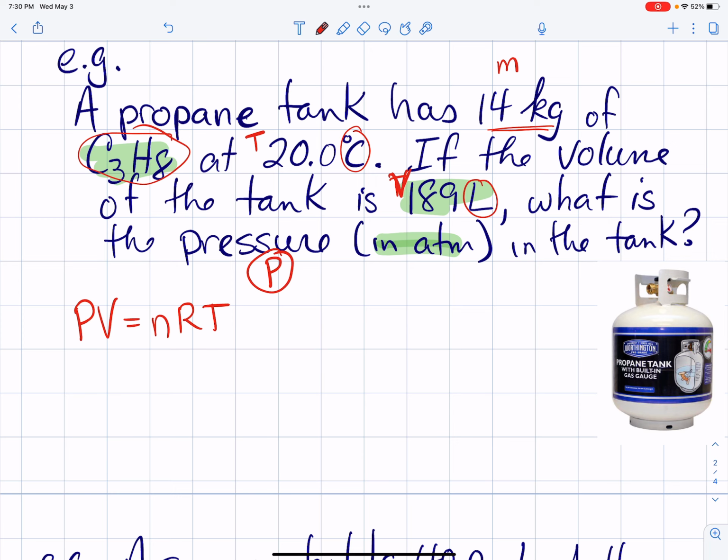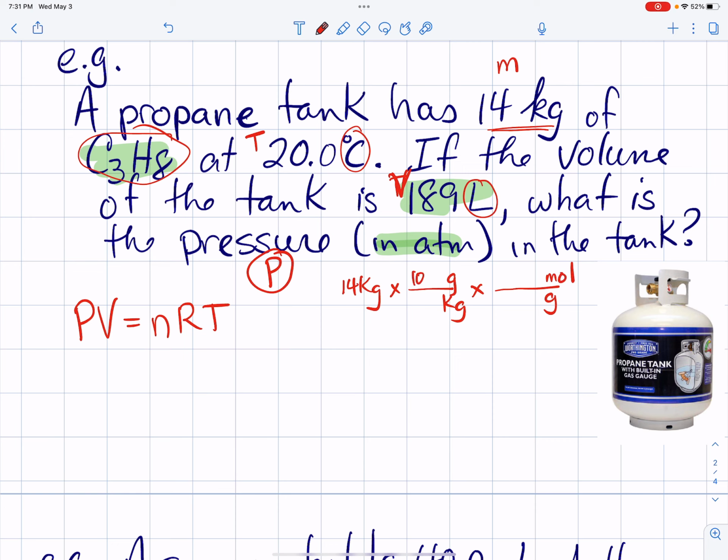I can do that using a unit multiplier. So, for example, we could say 14 kilograms of the propane. We could convert the kilograms to grams. Then, using its molar mass from the periodic table, we could switch grams to moles.